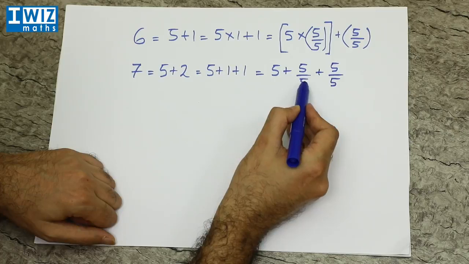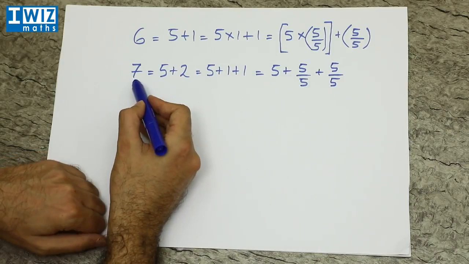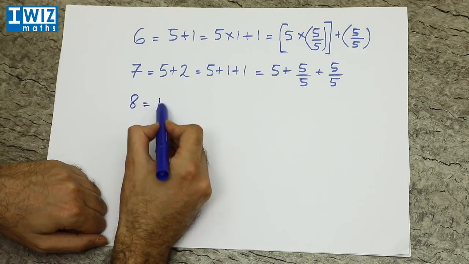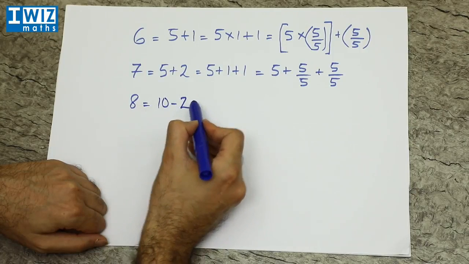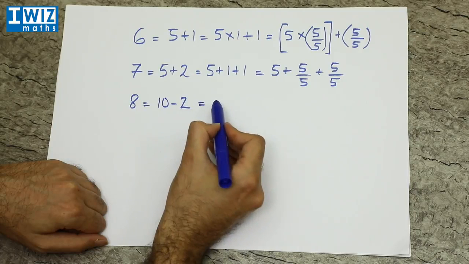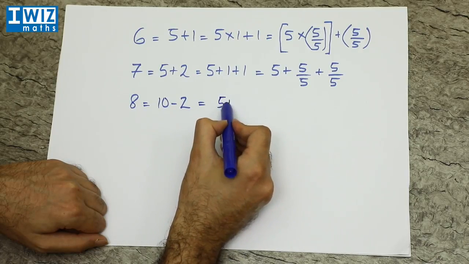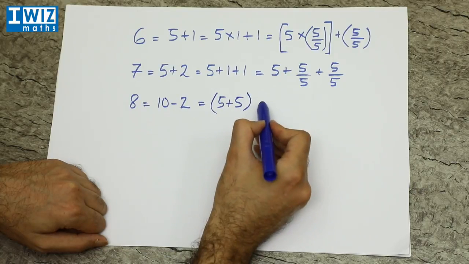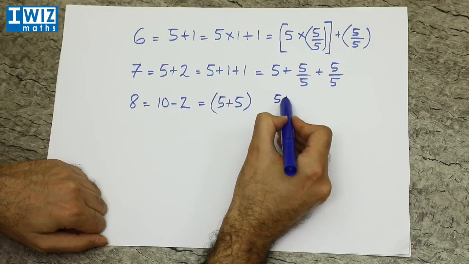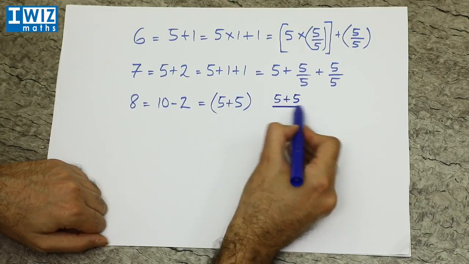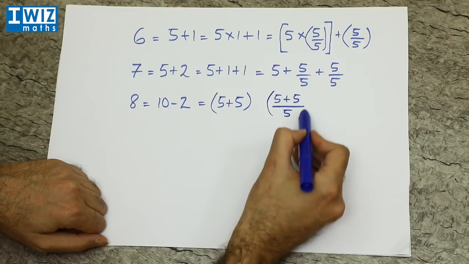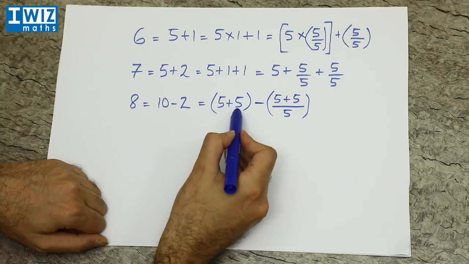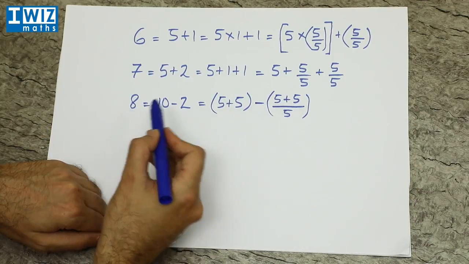So that's 5 plus 2 gets us 7. 8 can be written as 10 minus 2. So writing 10 is easy because that's just 5 plus 5. And to get to 2, we get 5 plus 5 divided by 5. Put that in a bracket, so that's 2, and put a minus sign in there. So we get 10 minus 2 is equal to 8.